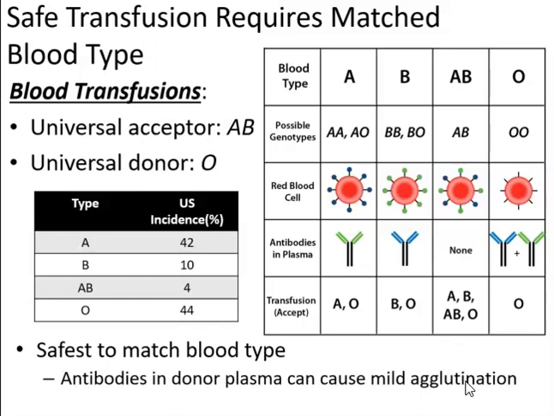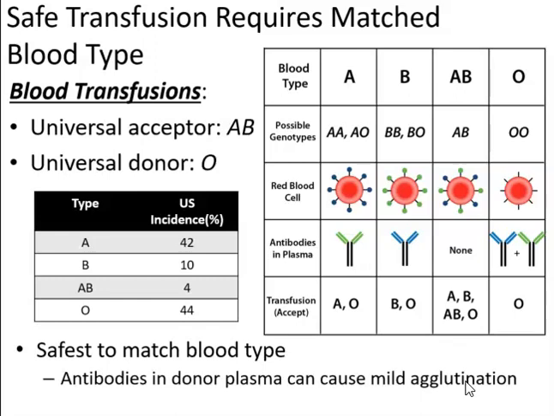And we have different incidences seen as percentages with regards to the different types of blood. So we can see that type A within the US has an incidence of about 42%. Type B, about 10%. AB is 4%, and type O is 44%.